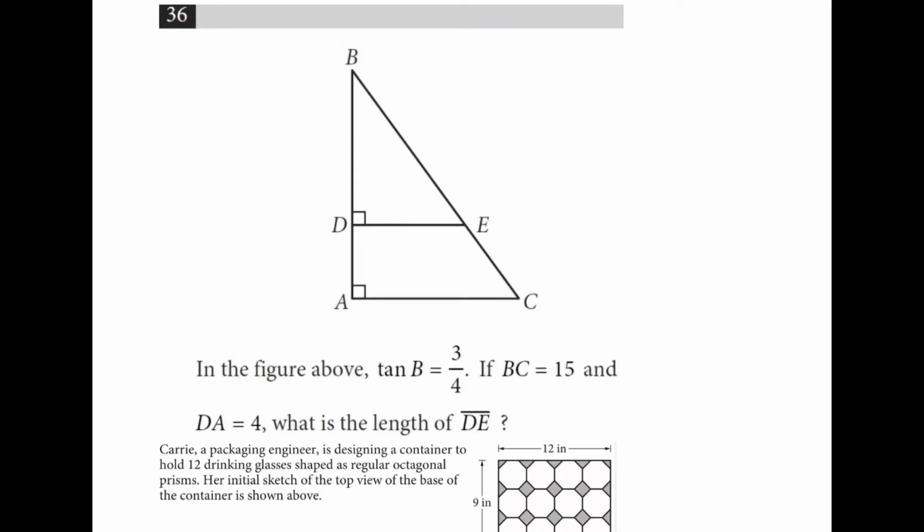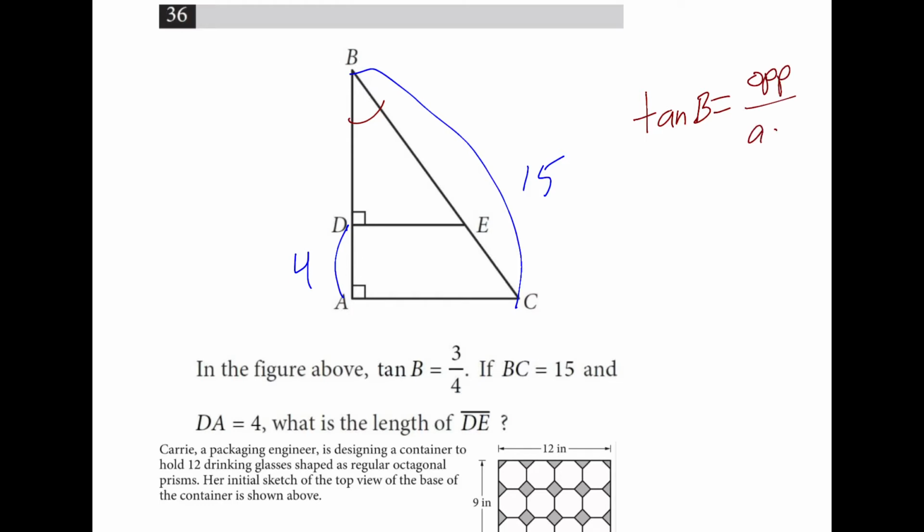So in this one, they tell us that BC, this entire triangle, is 15, and that DA, this smaller part, is 4. And there's this tangent ratio for angle B of 3 to 4. So if I'm looking at angle B here, the tangent of B is equal to the opposite over the adjacent.